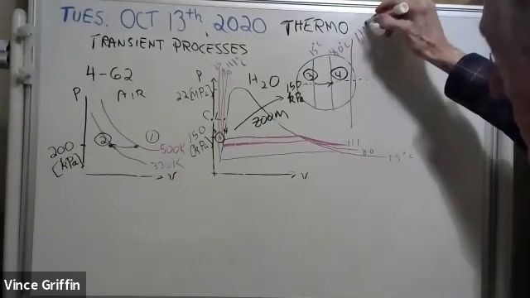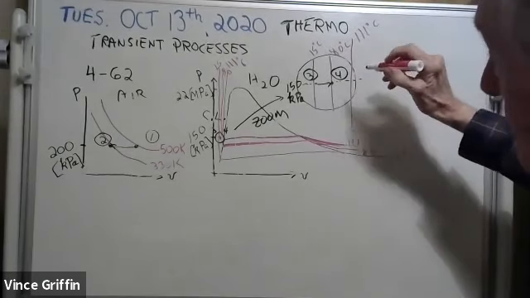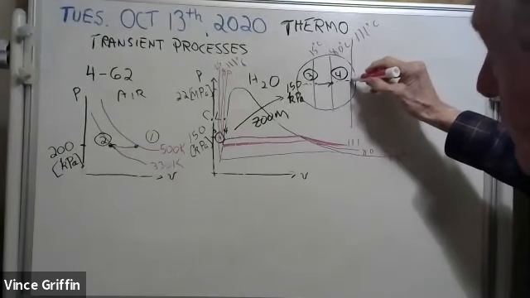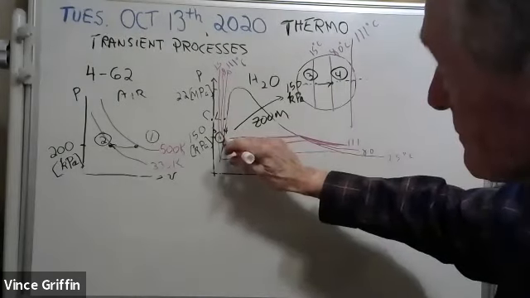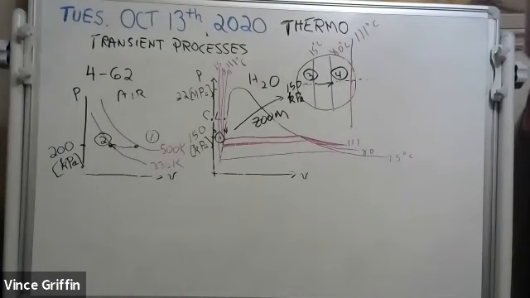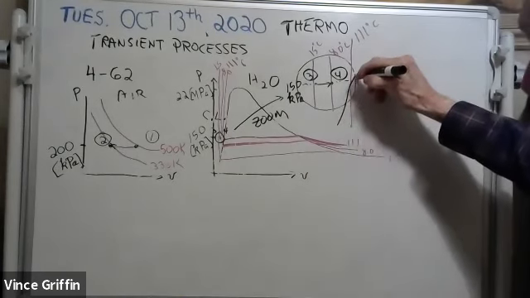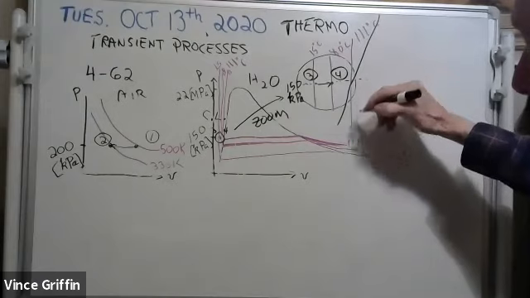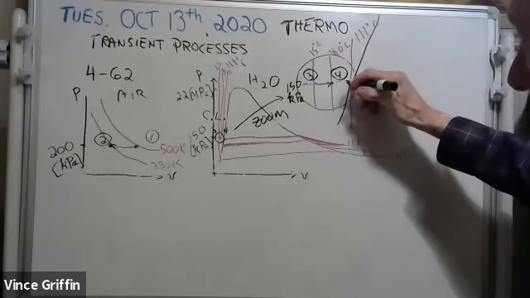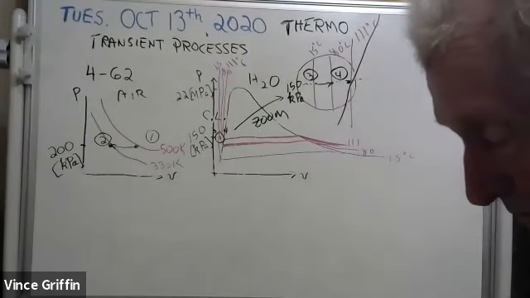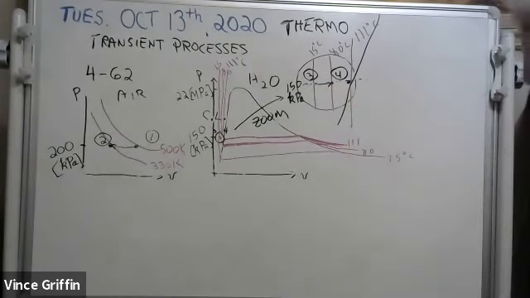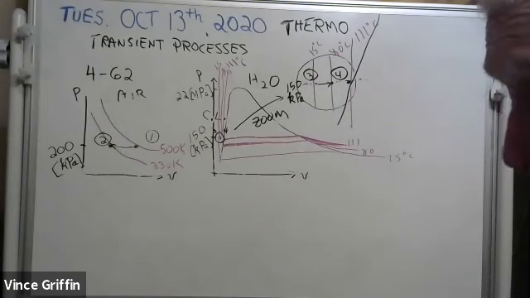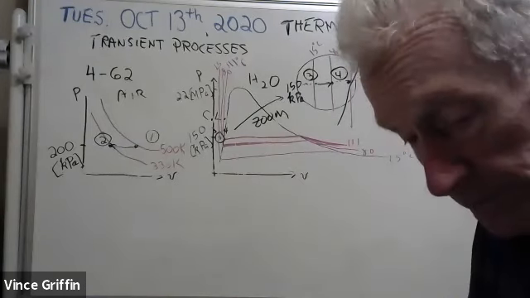There's 111 degrees, and it's right there on the vapor dome. There's your vapor dome. The 111 intersects the vapor dome, but the 50 and the 80 do not enter the vapor dome.